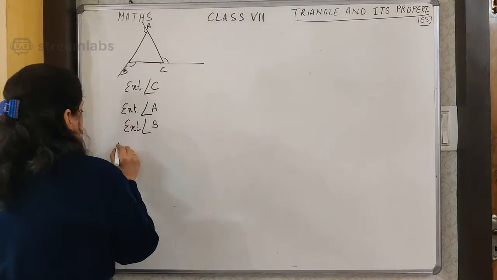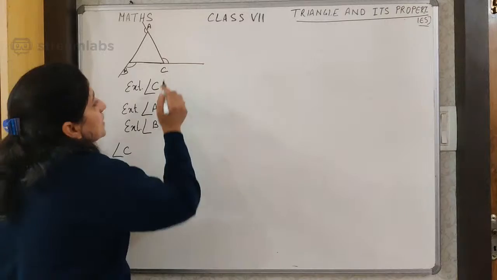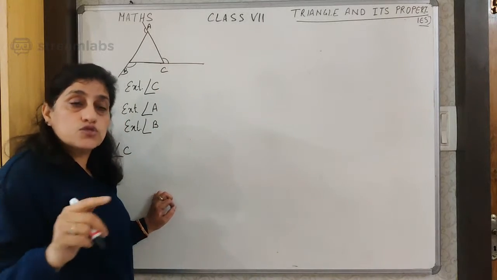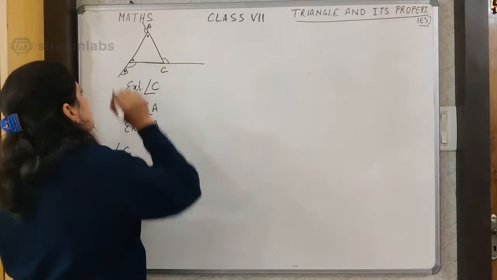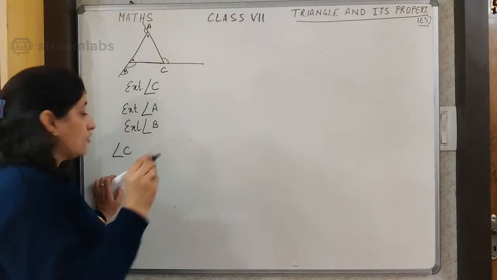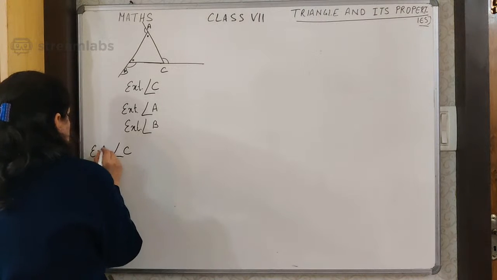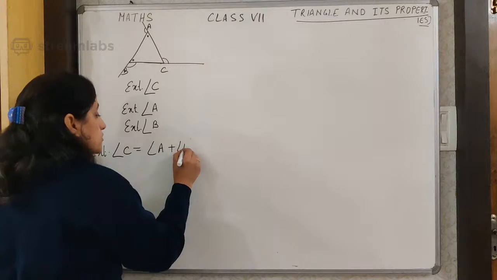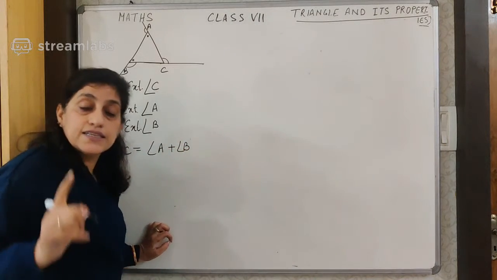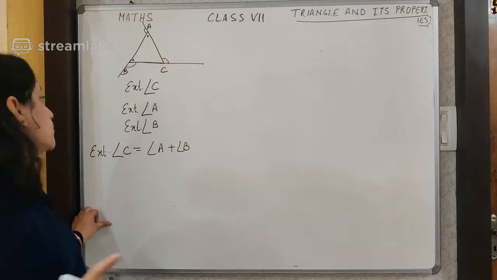Now suppose I am talking of angle C. Which are the two angles opposite to this angle? It is of course angle A and angle B. So the value of the exterior angle is equal to the sum of the opposite two interior angles. I hope you got it.